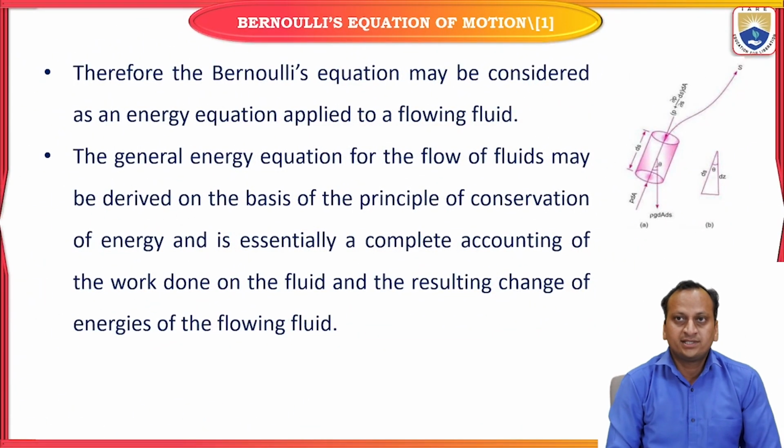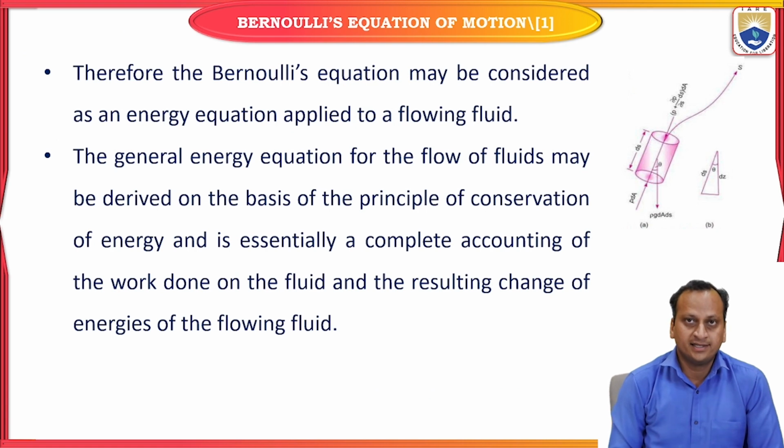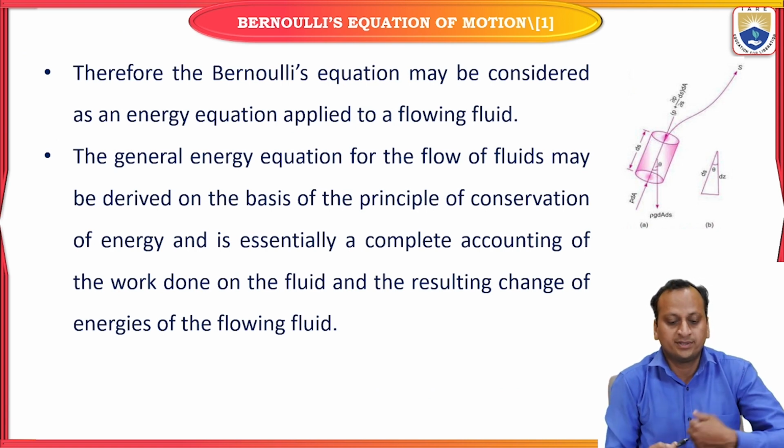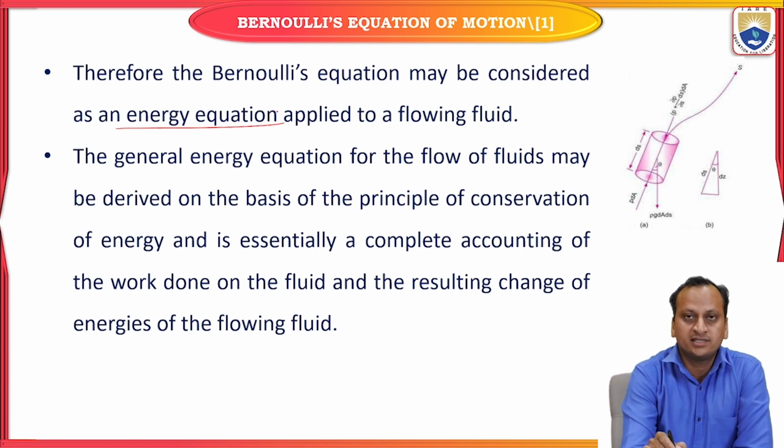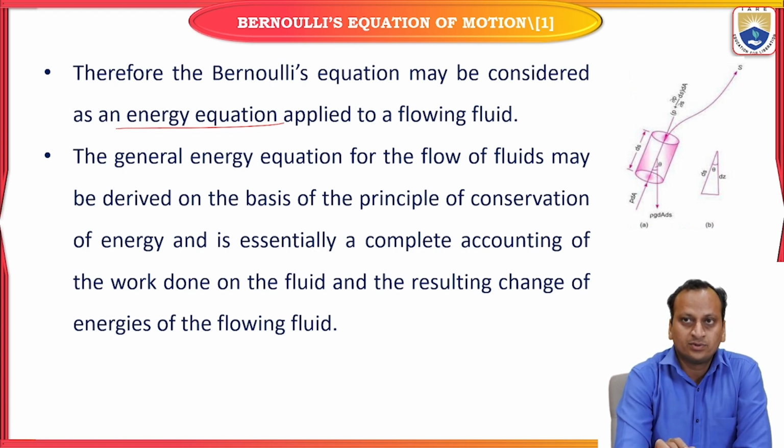Therefore, Bernoulli's equation may be considered as an energy equation applied to a flowing fluid. This is known as the energy equation. The general energy equation for the flow of fluids may be derived on the basis of the principle of conservation of energy, and is essentially a complete accounting of the work done on the fluid and the resulting change of energies of the flowing fluid.